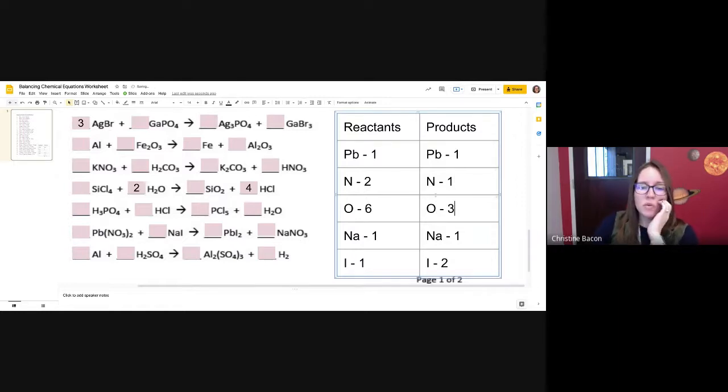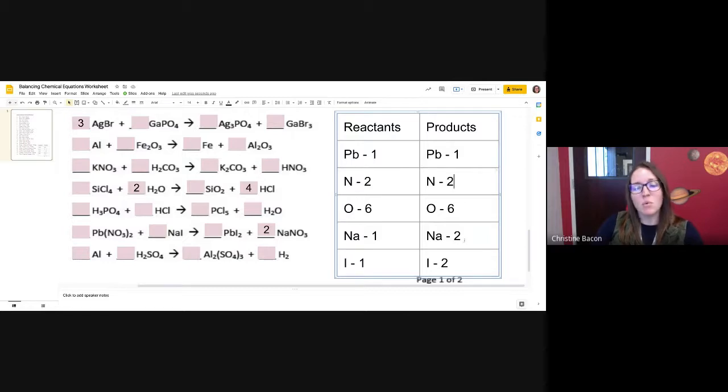So let's go ahead and work with the oxygen first, because I feel like a simple multiplication, if I add a 2 here, that could, if I multiply that 2 by the existing 3 oxygen, I can bring that up to 6. But by doing that, I also increase the amount of sodium and nitrogen in my atom. So now I have 2 sodium and I have 2 nitrogen on my product side. All right, well, that was good for the nitrogen because that brought me up to the same level as the reactants.